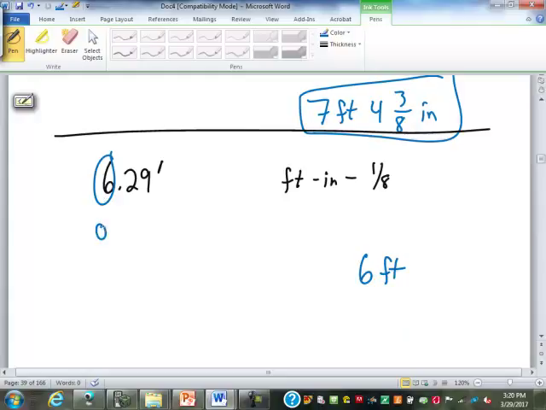Then I have my 0.29 feet here. I'm going to change that into inches by multiplying by 12. 0.29 times 12 is 3.48. So that means I have 3 whole inches.